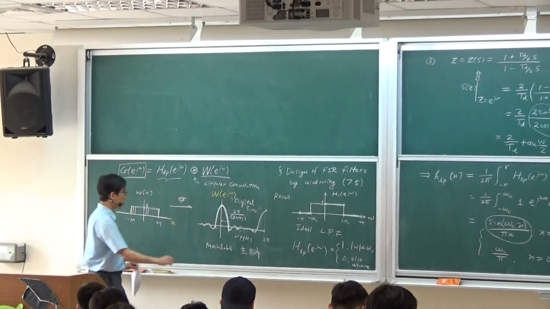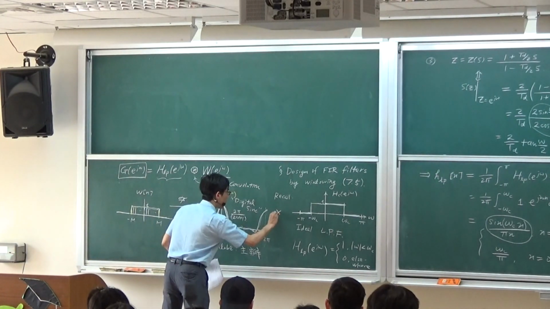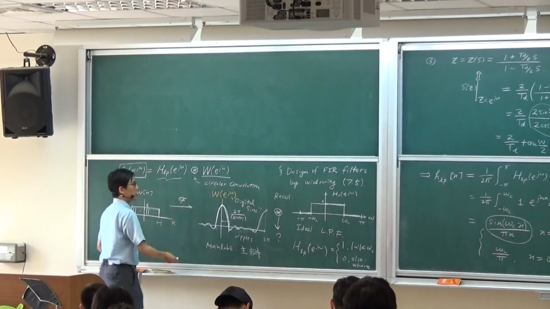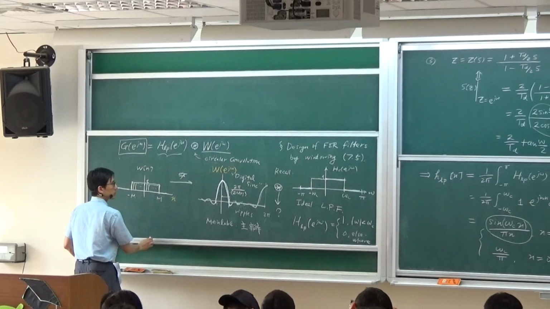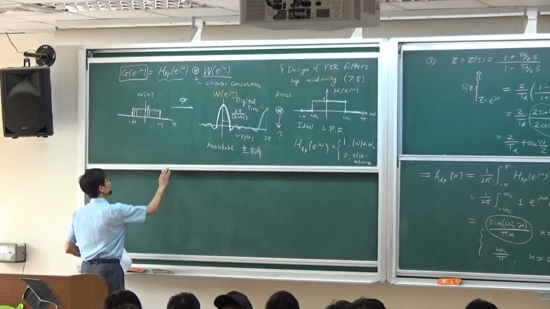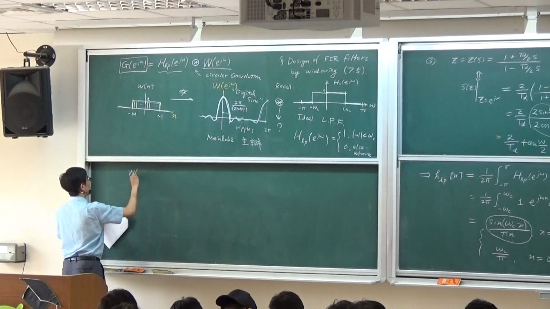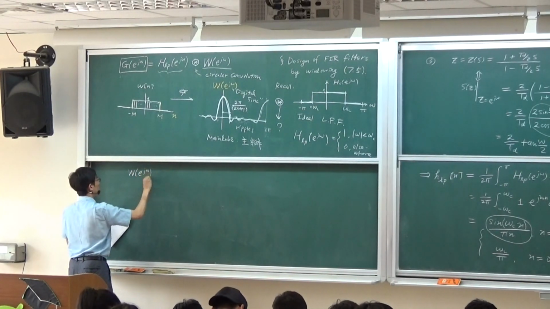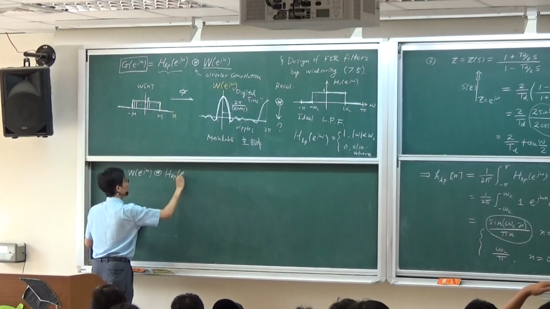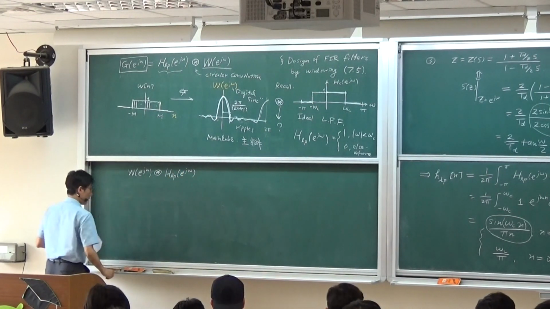So now we are going to circularly convolve these two functions. Then what's the result? What's the result like?